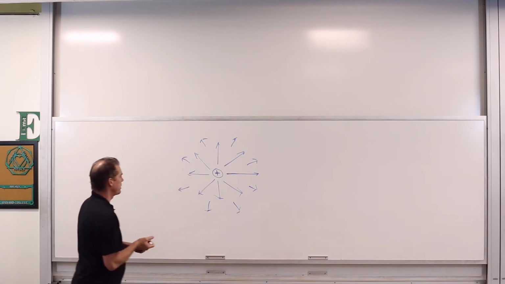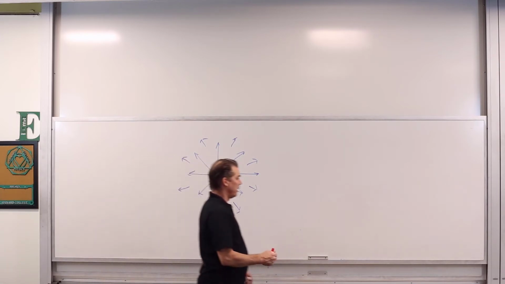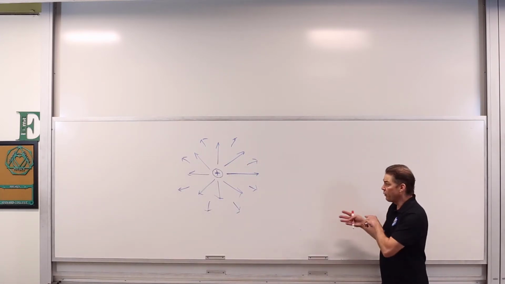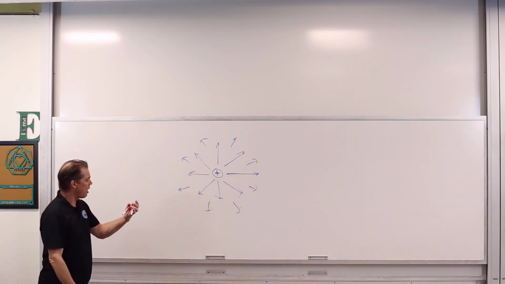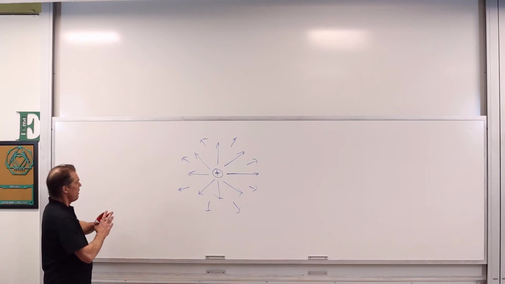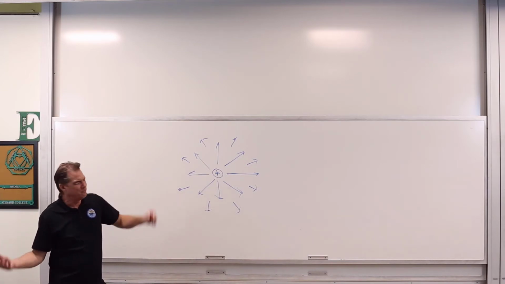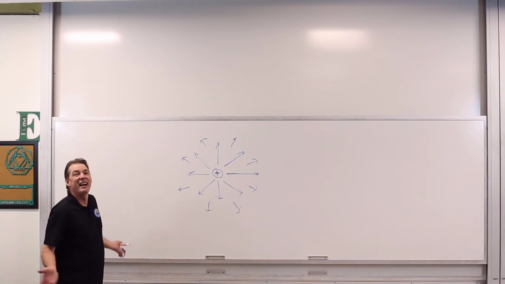Well, the surfaces of equipotential are really based upon being the same distance away from the charge. And the surfaces have to go through this electric field such that they are perpendicular to the electric field at every given location. Well, if the electric field's radial, then what does the surface of equipotential have to be? It has to be spherical.